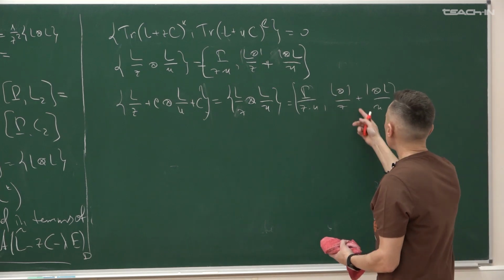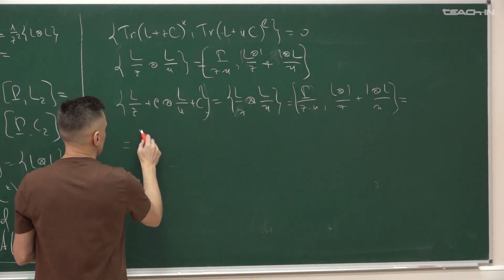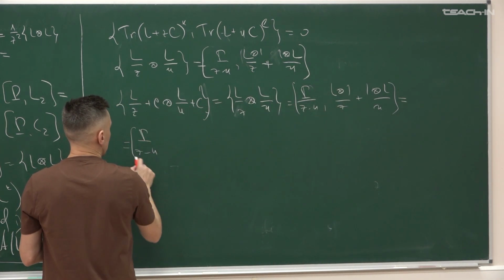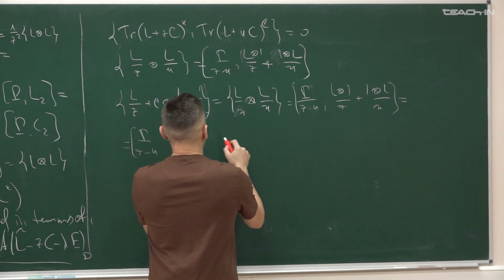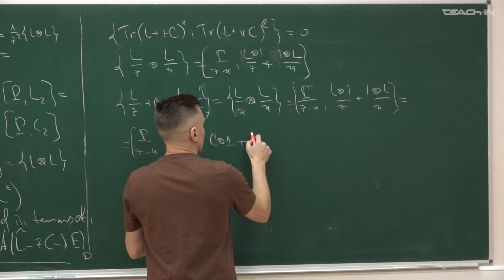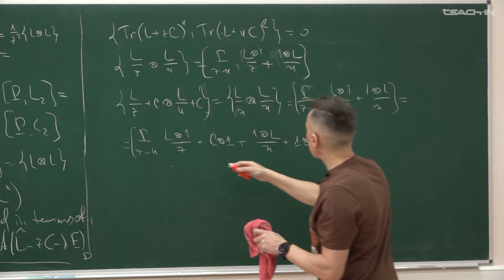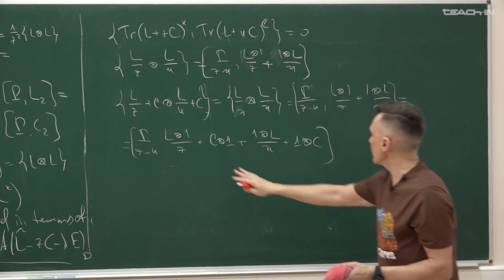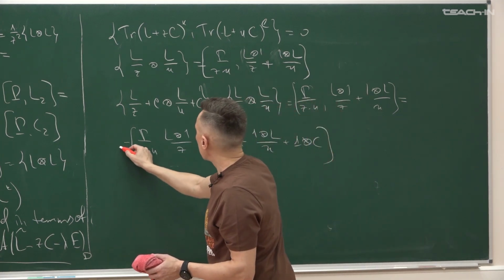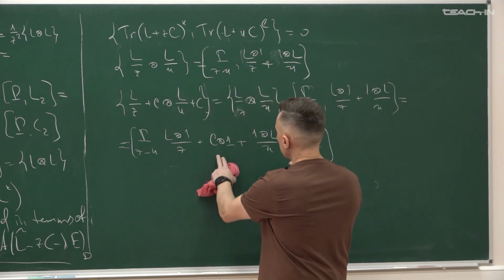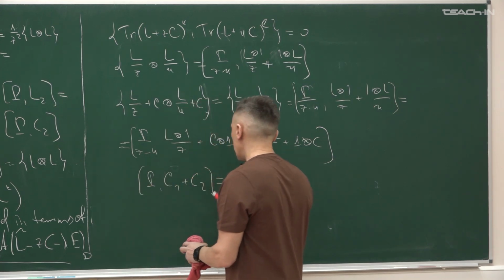And I would like to write here that it is equal to P over z minus u times L1 of z plus C1 plus L2 of u plus C2. So I'd like to add this component. So to argue this equality, I have to demonstrate that P times (C1 plus C2) is equal to 0.